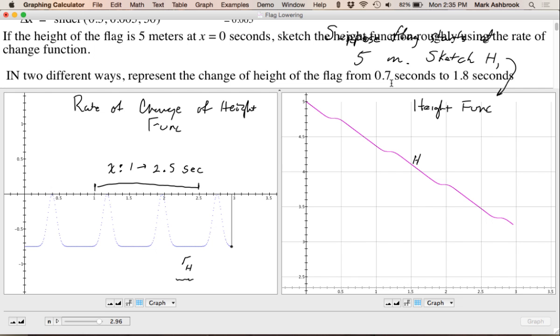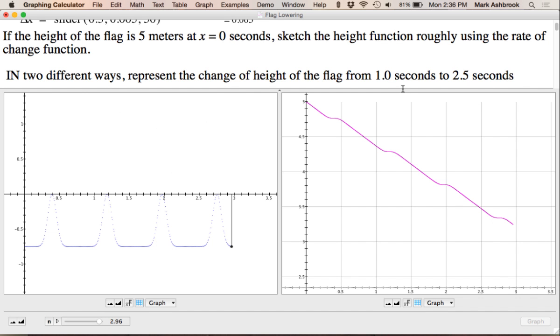So what did we say? 1 to 2.5? So in two different ways, we're going to represent the change of height of the flag from 1 to 2.5 seconds. And my hint was, one way we'll use the rate function, r sub h, and the other we'll use h.